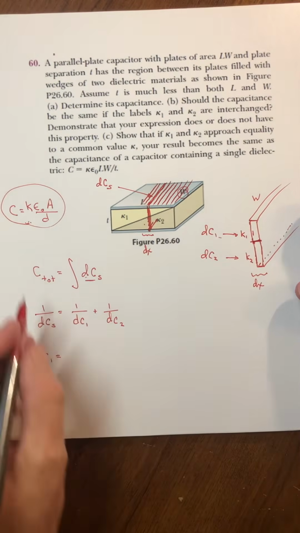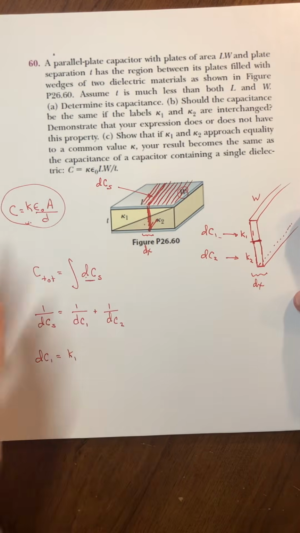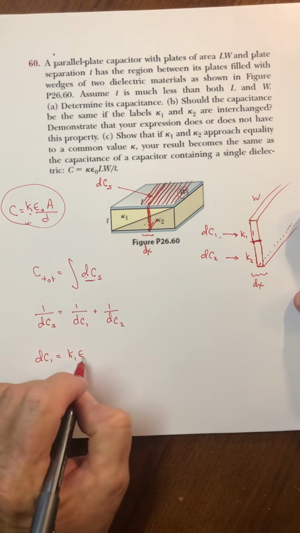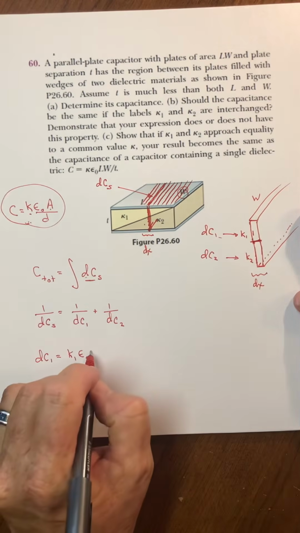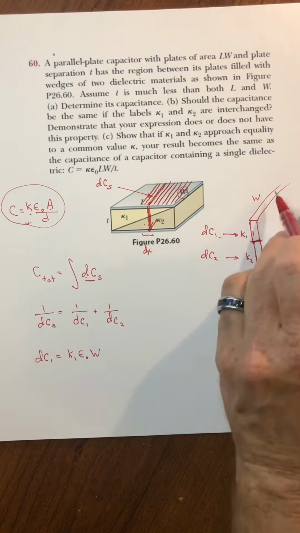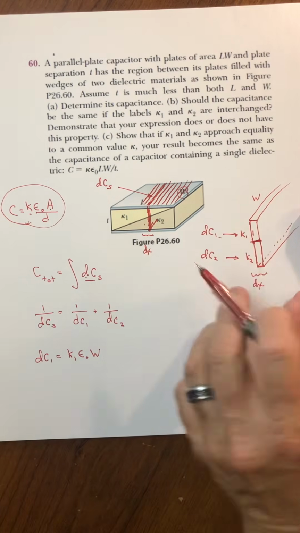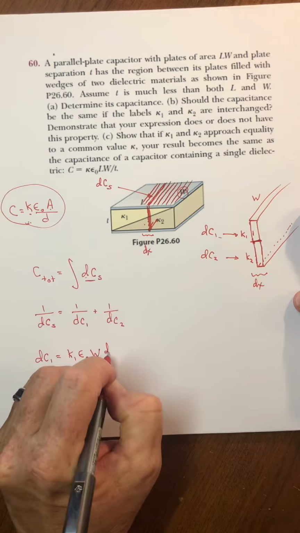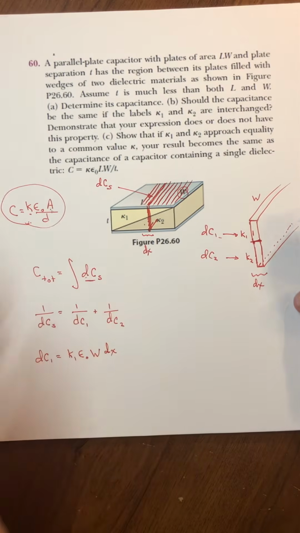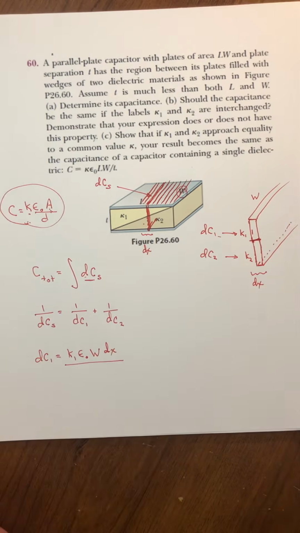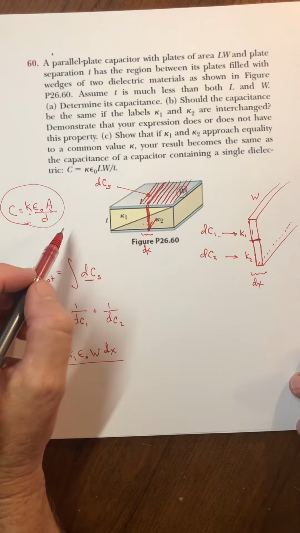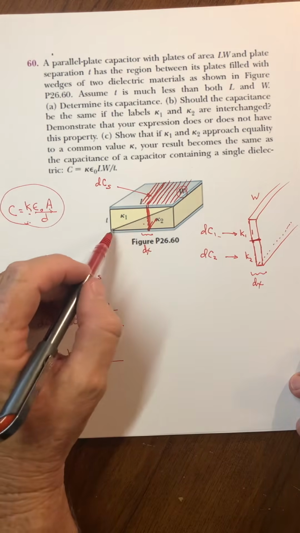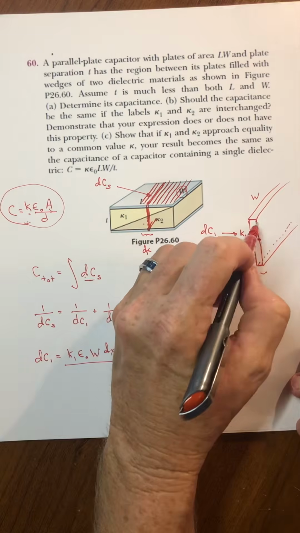So this microscopic one would have kappa 1 for its capacitance. Then epsilon naught. The area then, it would be a length here, or maybe I should call that width for W, and then a thickness or a length of dx. And so that's what the area is equal to. Now, the separation here is a little interesting because it wouldn't be this whole thickness T, it's just this little piece.